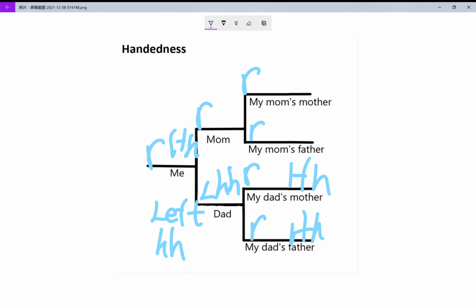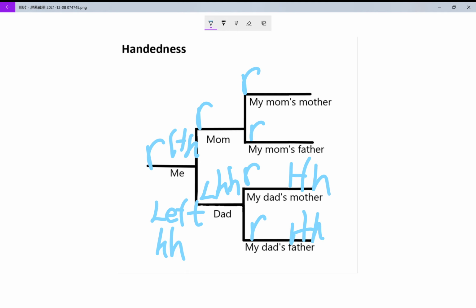Before the third one, single and double eyelid. Okay, according to my inquiry, I know that my mom's parents are both double eyelid. My mom is also double eyelid.